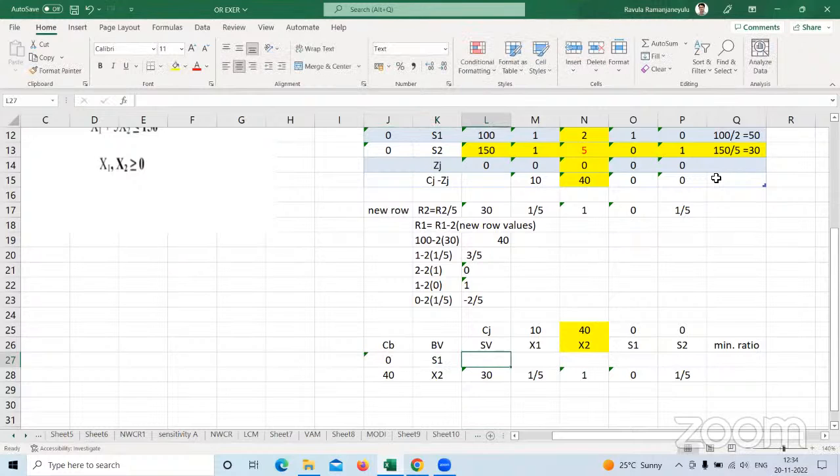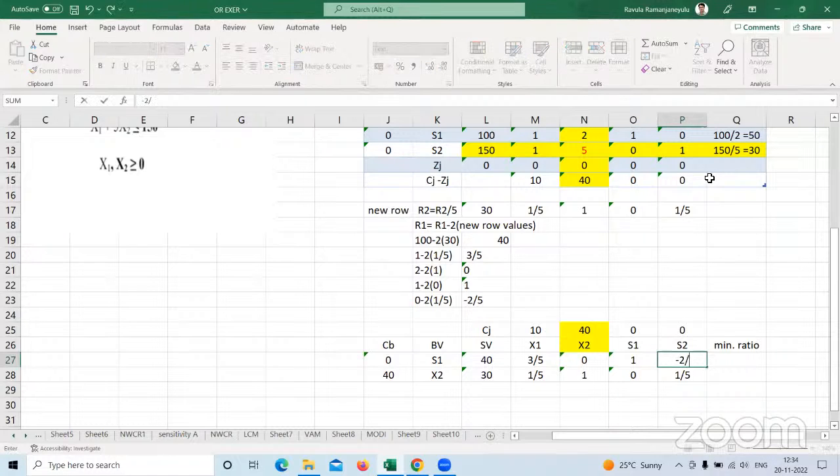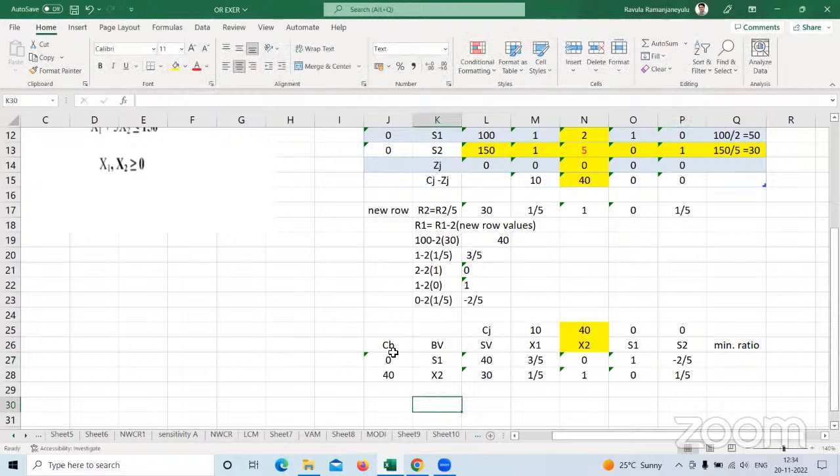The new values we calculated already: 40, 3 by 5, 0, 1, and minus 2 by 5. We consider that in the place of the first row. So now we got the values.